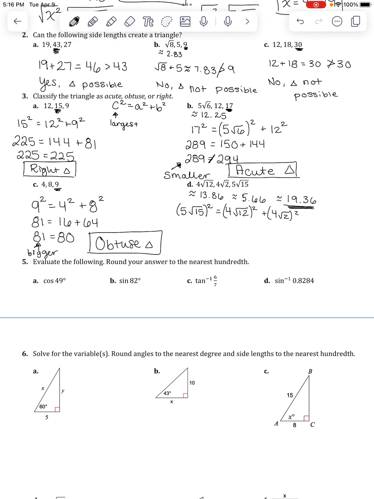Five square roots of 15 squared is 375. 4 square roots of 12 squared is 192. 4 square roots of 2 squared is 32. 375 equals 192 plus 32, which is 224.